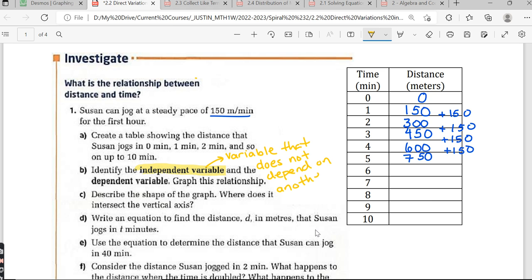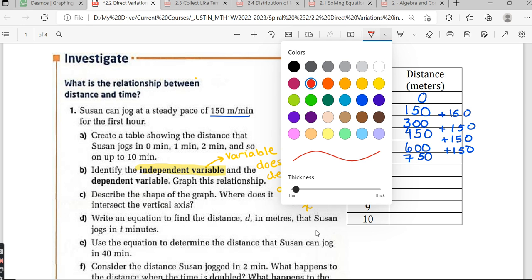It is typically the x value, okay? So if I were to look at the two variables we have here, which are time and distance, which one do we think is the independent, time or distance? Well, does time depend on the distance traveled? No. Time works on its own accord. Distance, however, does depend on the time. So the time in this case is our independent variable. It is our x value.